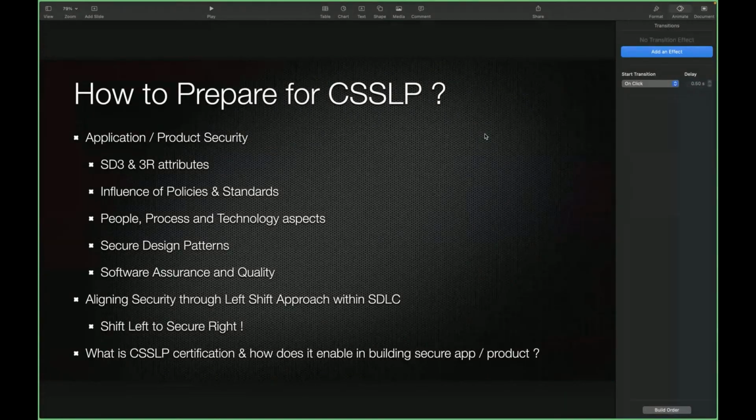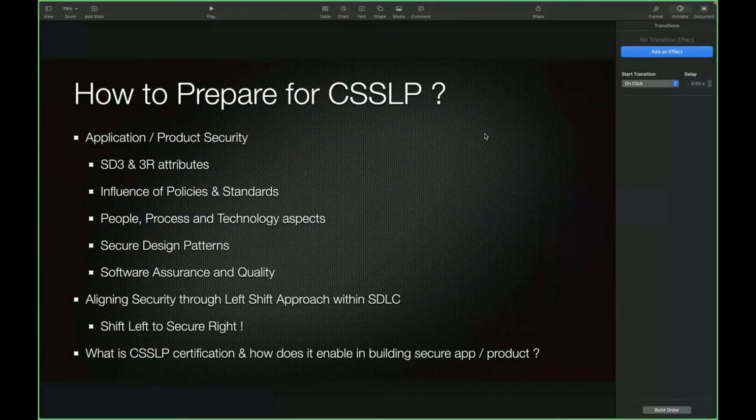So we have multiple people or individuals who are part of the organization, and they play a key role in coming up with secure software for an application or a product.